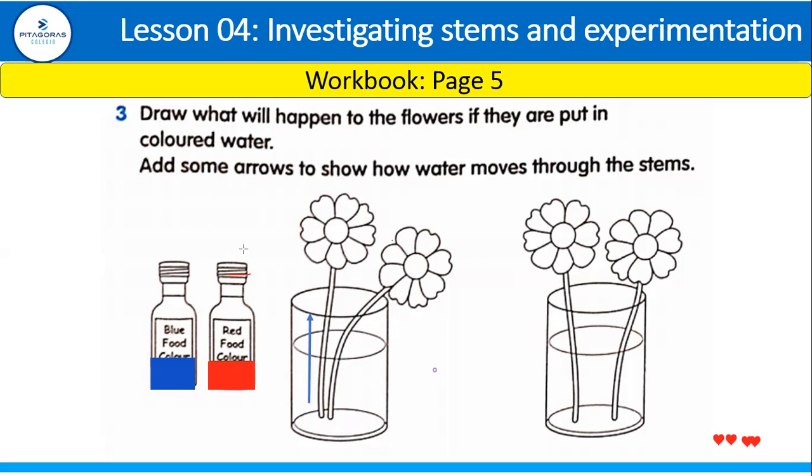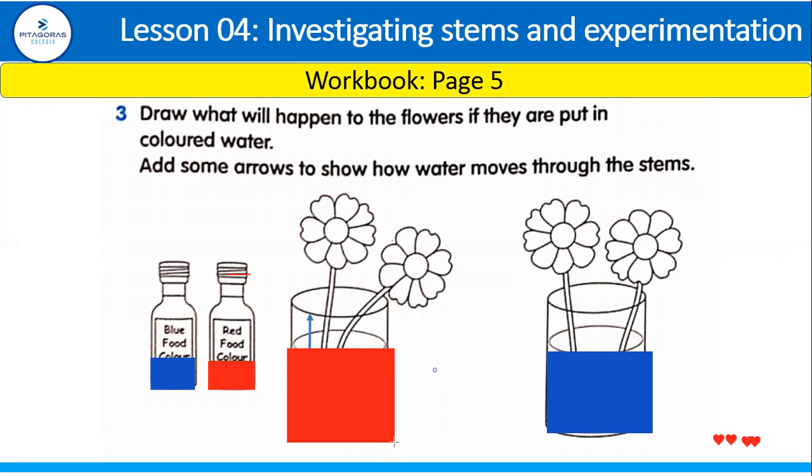Okay. So we have to put just a little of this colorant in each base. For example, here I'm going to put colorant blue, and here I'm going to put just a little of colorant red. What is going to happen with these flowers? Do you know what is going to happen?